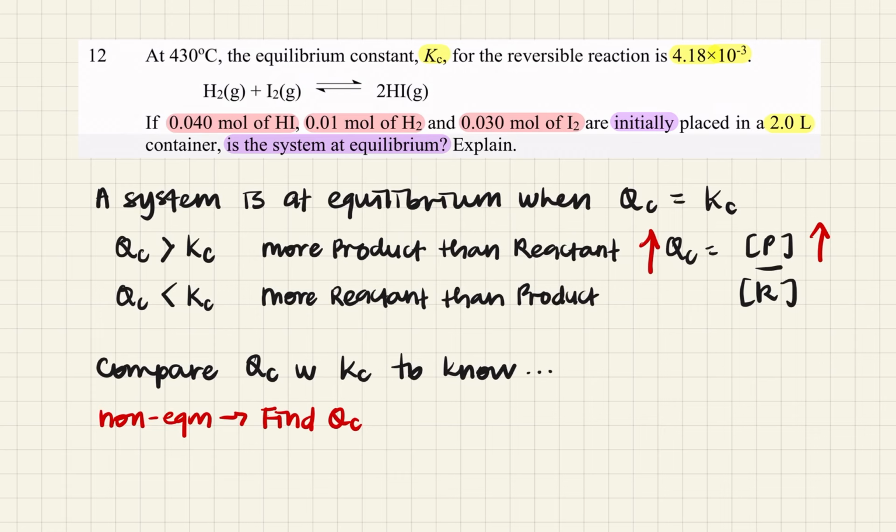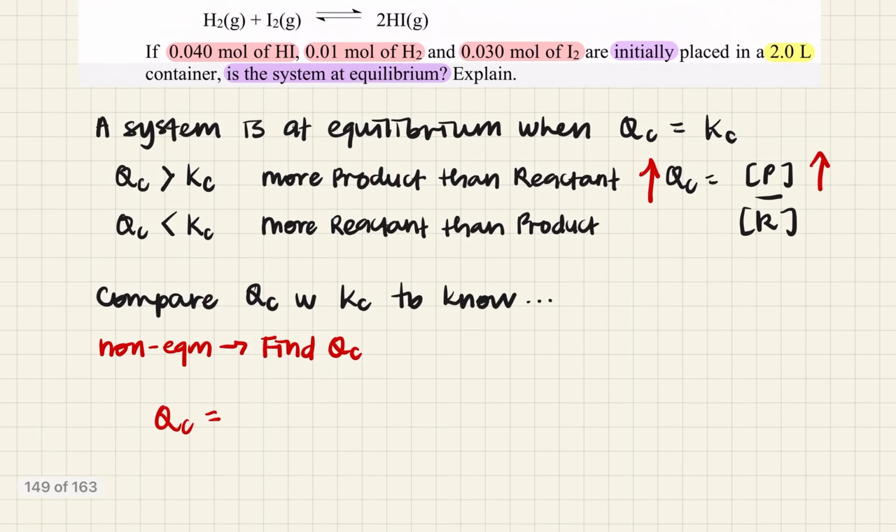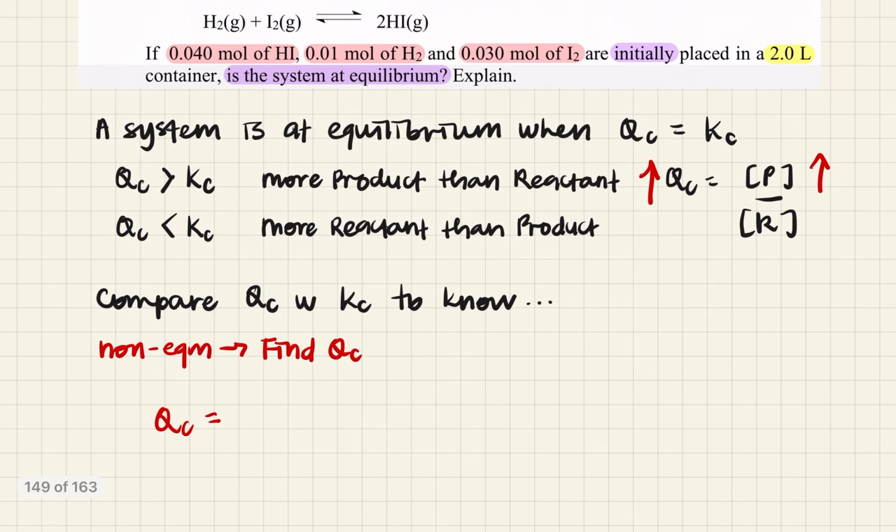Alright, so you are going to find Qc. What is Qc? The expression is the same as Kc, just that it is at non-equilibrium. So you are going to write HI squared over H2 times I2. From here you just put in your initial concentrations.